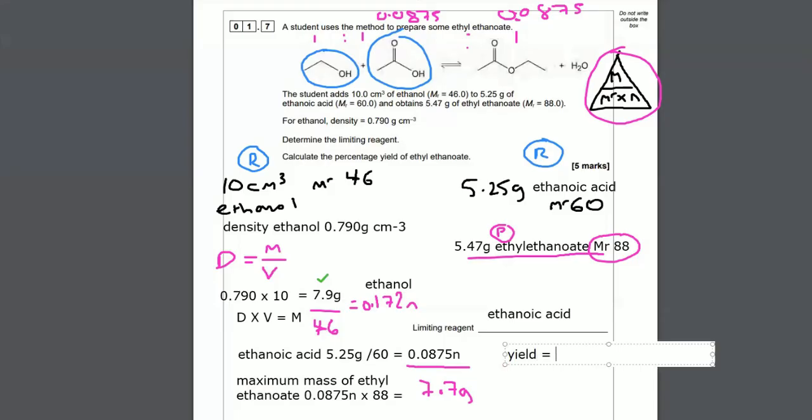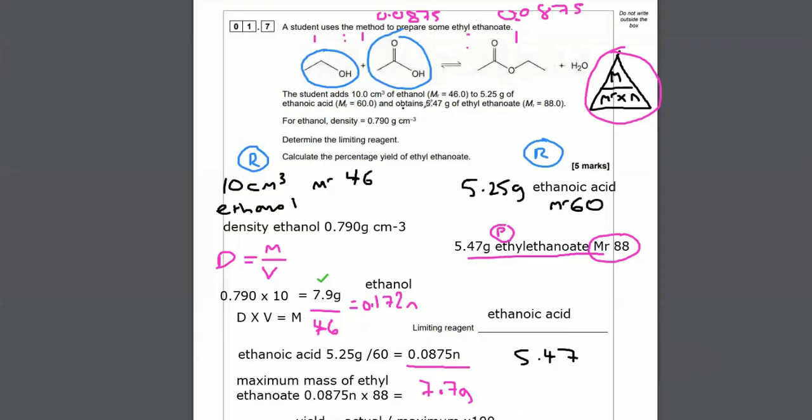Now, hopefully you know your yield calculation. Yield equals actual divided by maximum, times 100. So the actual mass we made was 5.47. That's our actual mass of ethyl ethanoate produced.